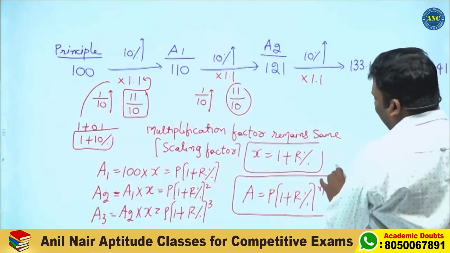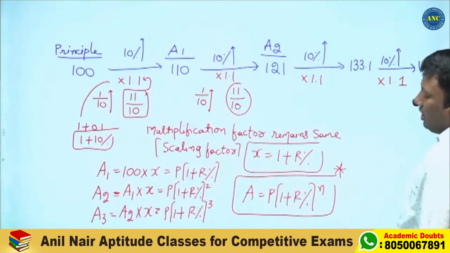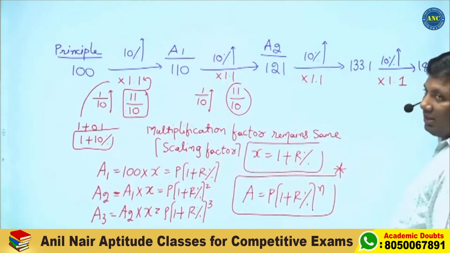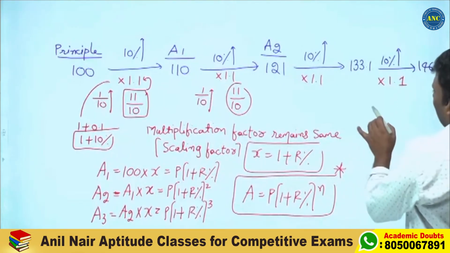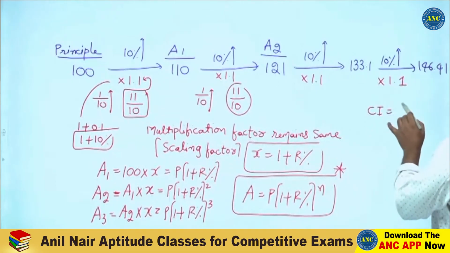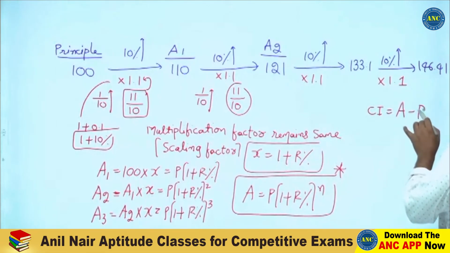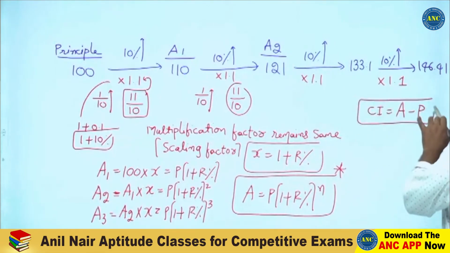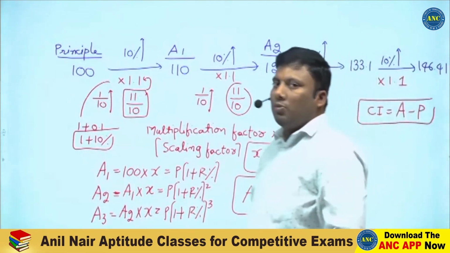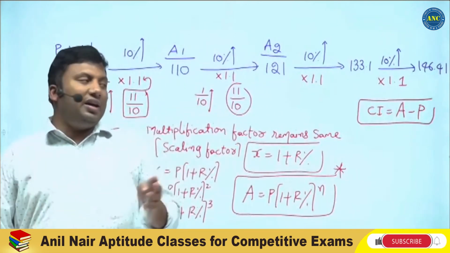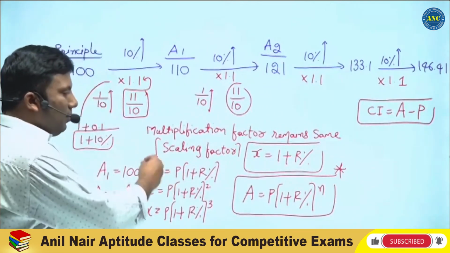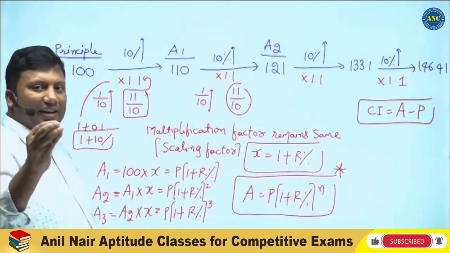So the formula for amount is P into 1 plus R percent power N. The proof is clear. Compound interest is how much total I gave minus how much total I took. The extra money is called the compound interest. I hope the idea is clear.